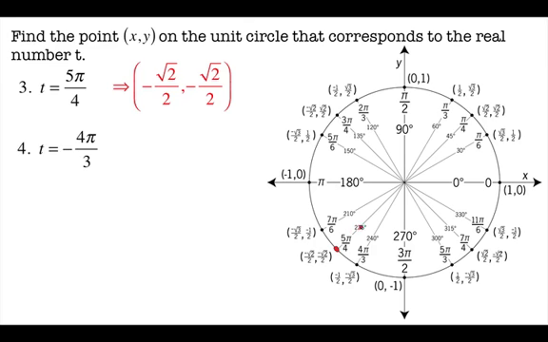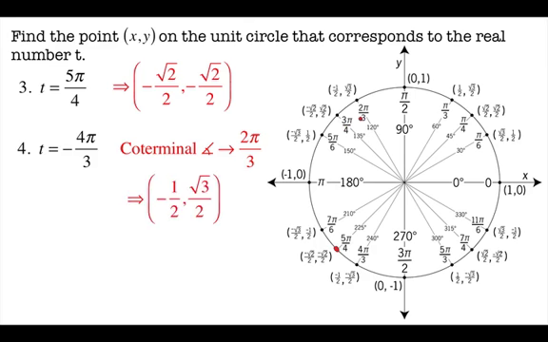For the t value of negative 4 pi over 3, we want to go negative 4 pi over 3 this way, and notice that we're going to end up terminal at 2 pi over 3. So the coordinate value for negative 4 pi over 3 is negative 1/2, comma, radical 3 over 2.